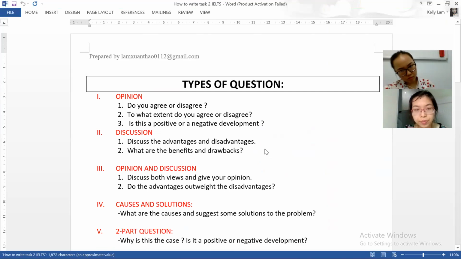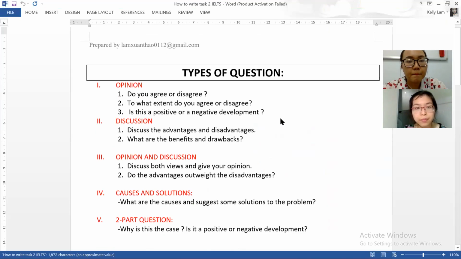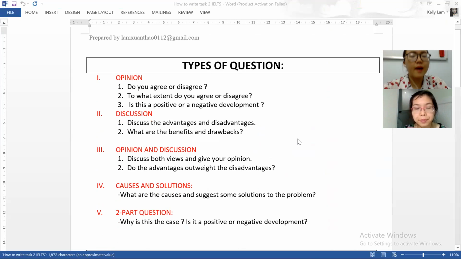So we have 2 tasks in IELTS writing, task 1 and task 2, and this is task 2.